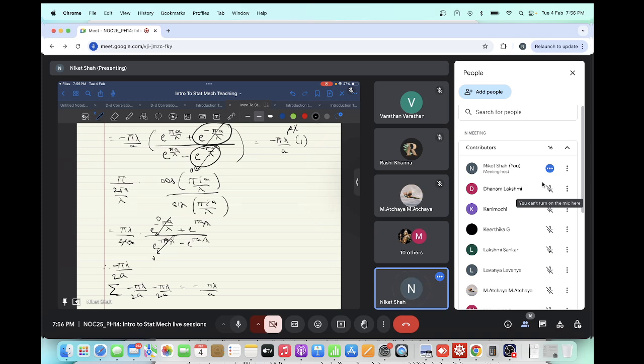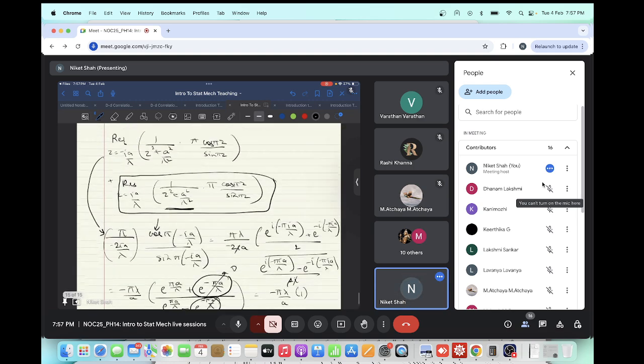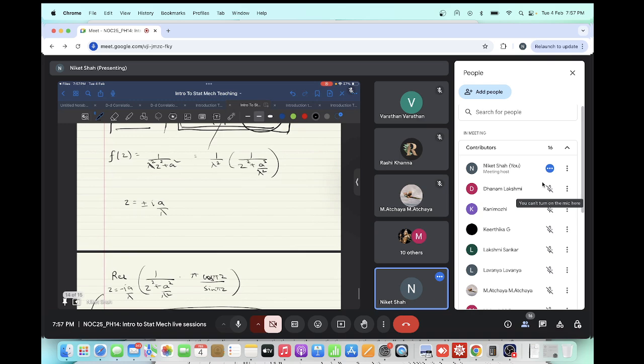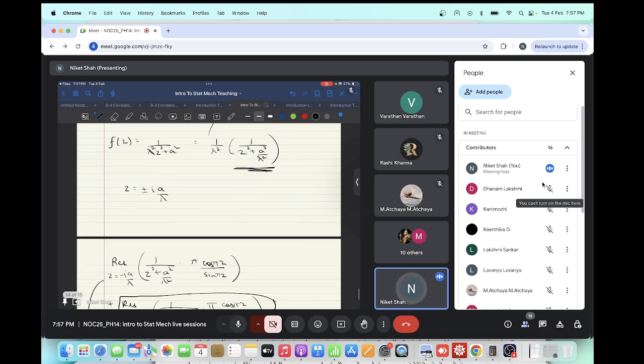Right. And this is just this. I also had taken out 1 by lambda square common, so I just evaluated the summation of this inside, right?